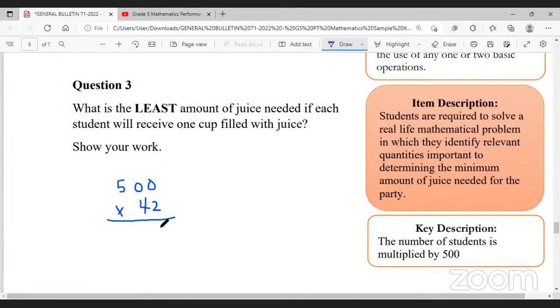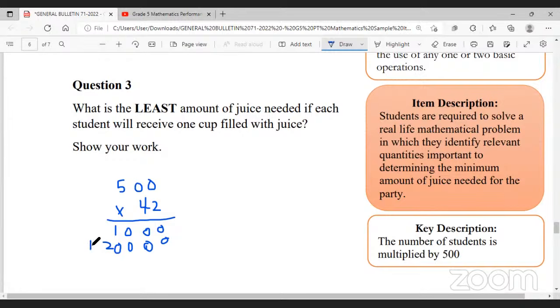2 times 0, 0. 2 multiplied by 0, 0. 2 multiplied by 5, 10. We'll put our 0 here as a placeholder. 4 multiplied by 0, 0. 4 multiplied by 0, 0. 4 multiplied by 5, 20.